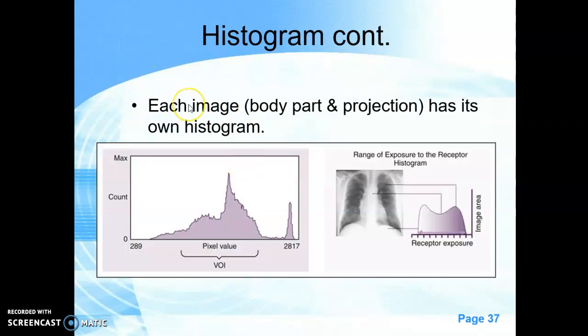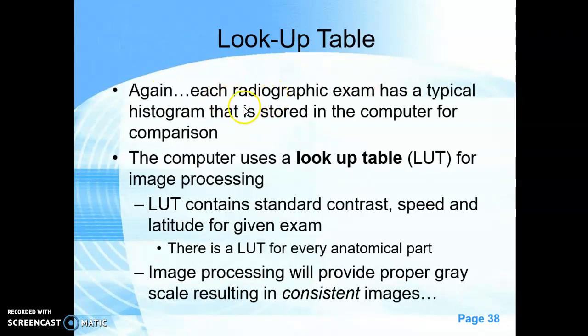So stated again, each body part and each projection has its own histogram. Again, these histograms are stored in the computer and get used as comparison in creating your exposed image. So if you remember, each exam has a typical histogram that's stored in the computer for comparison.